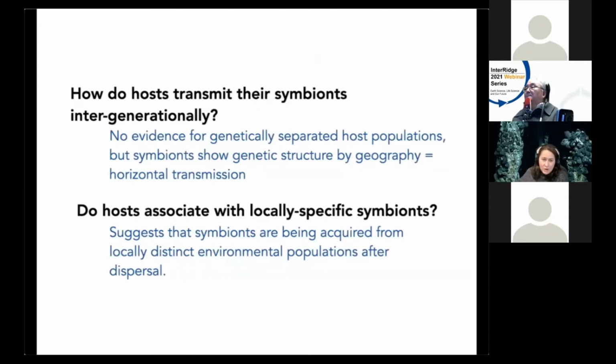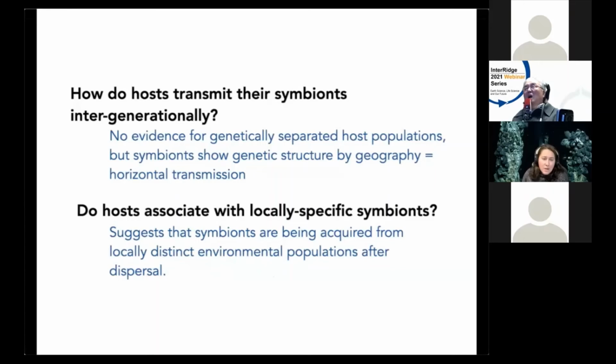And then, do hosts associate with locally specific symbionts? Yes, it does suggest that the symbionts are being acquired from a locally distinct environmental population after dispersal. So the hosts are genetically well mixed. They appear to be able to distribute throughout the Lau Basin, and they seem to be associating with the particular symbionts that are present in their phylotype at the particular site that they arrive at.